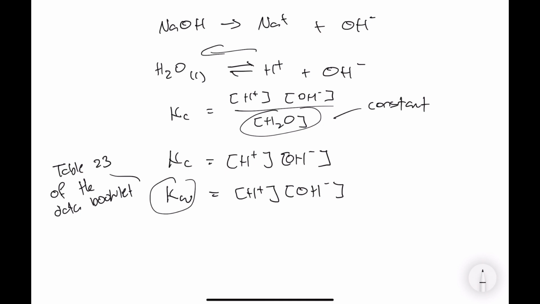Which means, since we will have the information of the hydroxide ion concentration and Kw, we'll be able to calculate the concentration of the H plus ions, as the H plus concentration is simply Kw over the OH minus concentration.